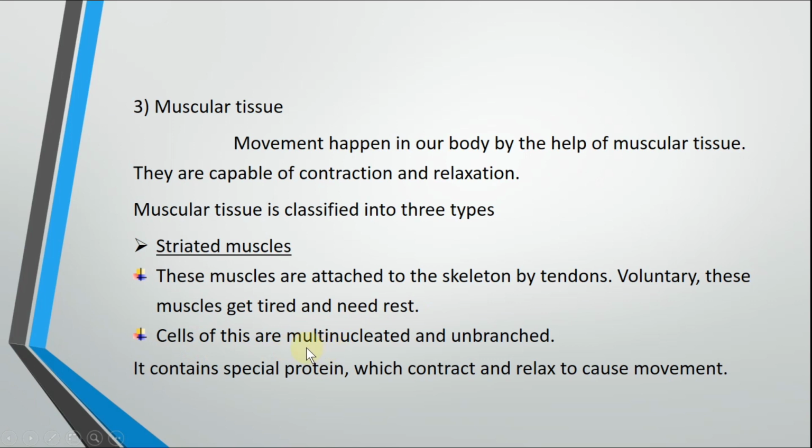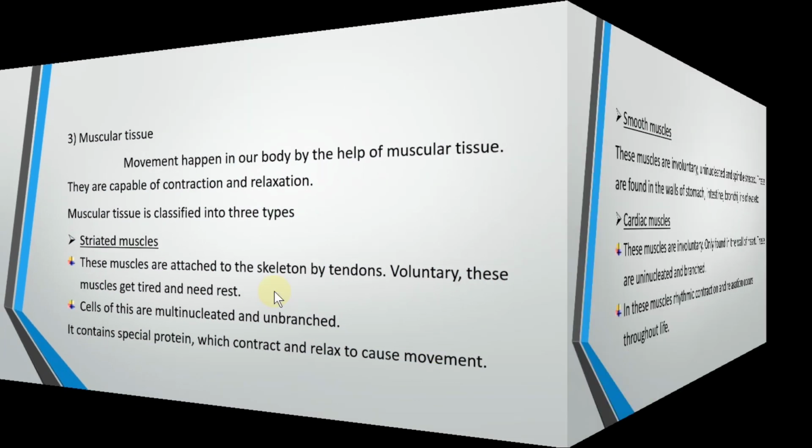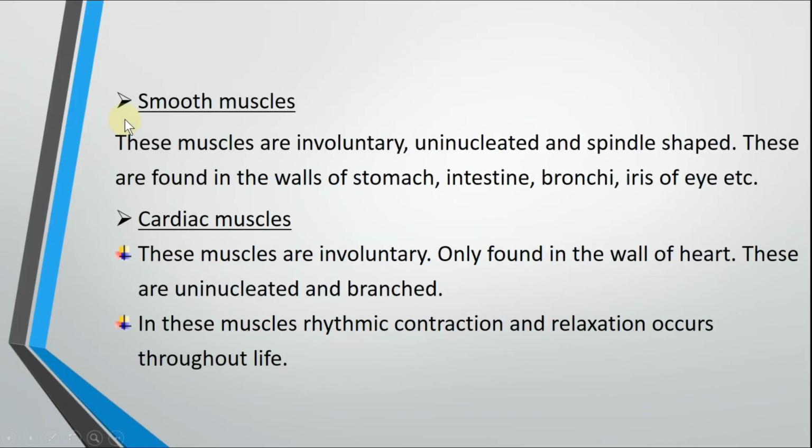Cells of these are multinucleated and unbranched. It contains special protein which contracts and relaxes to cause movement. Smooth muscles. These muscles are involuntary, uninucleated, and spindle shaped.